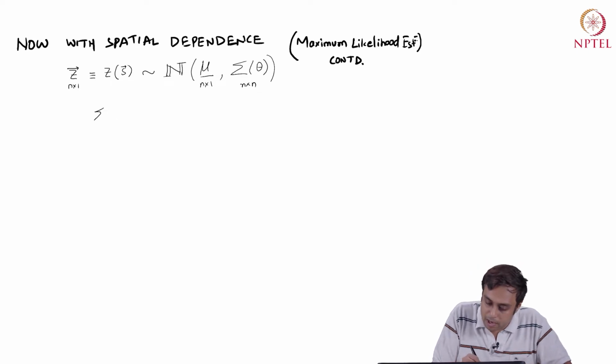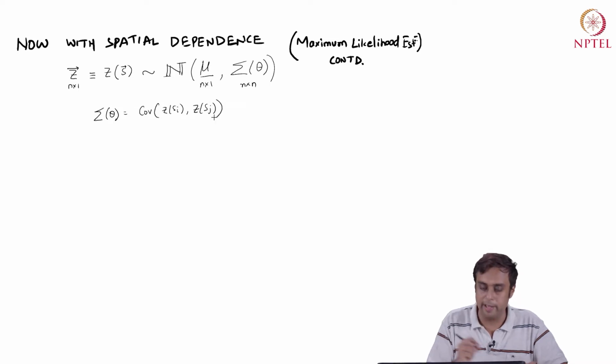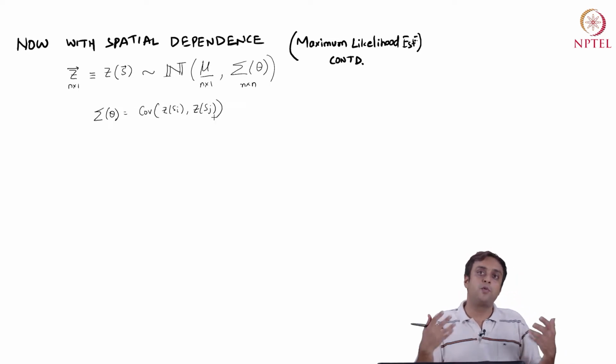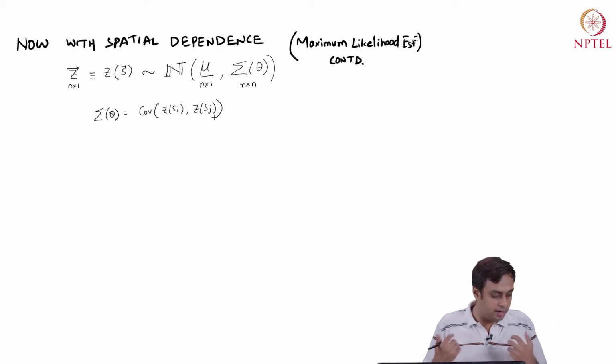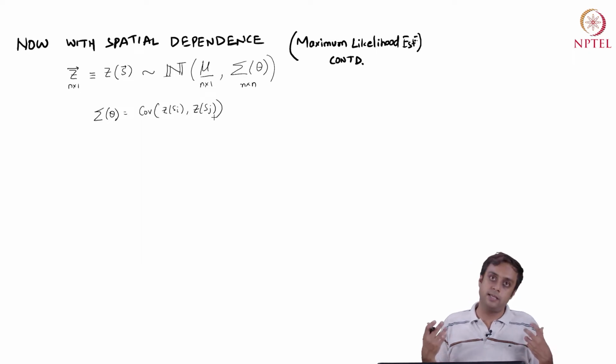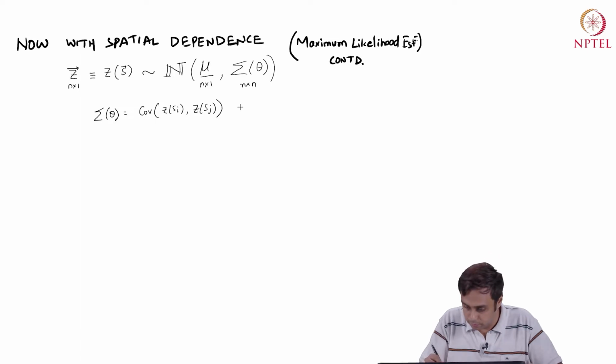Now, this sigma theta provides me a measure of covariance of values at location Si and location Sj, right. So, it provides me a general covariance structure between the data, and this structure is driven by their locational differences Si and Sj.